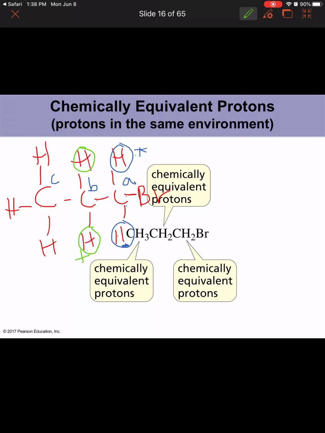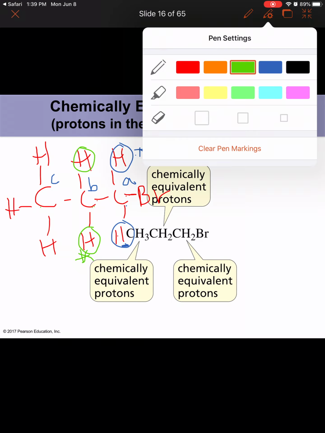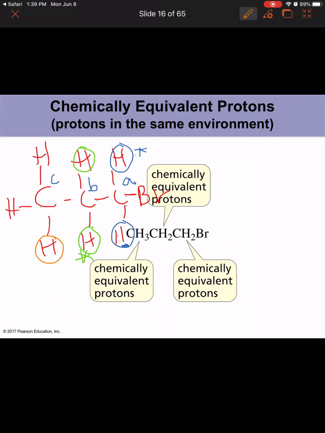The bottom green hydrogen is also connected to carbon B, which also has C and A carbons with their groups attached. So both hydrogens are in the same environment, and we call them chemically equivalent protons. Then you can take the C hydrogens, these three.